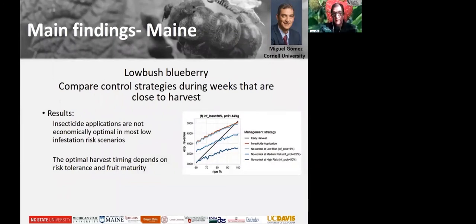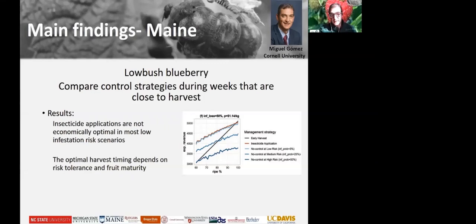It may be that harvesting early, leaving a small portion of the fruit unharvested, may be economically beneficial in comparison to harvesting 100% of the fruit and applying insecticide every week.